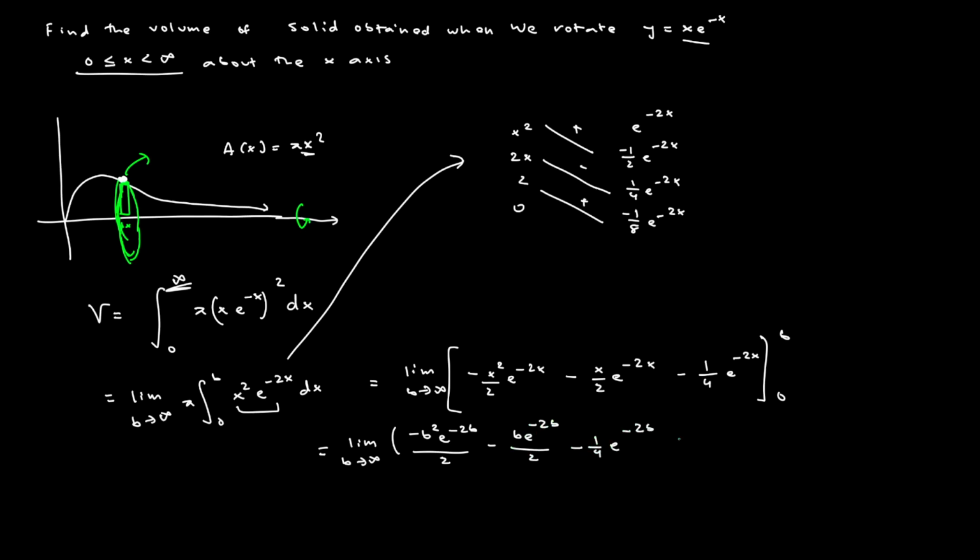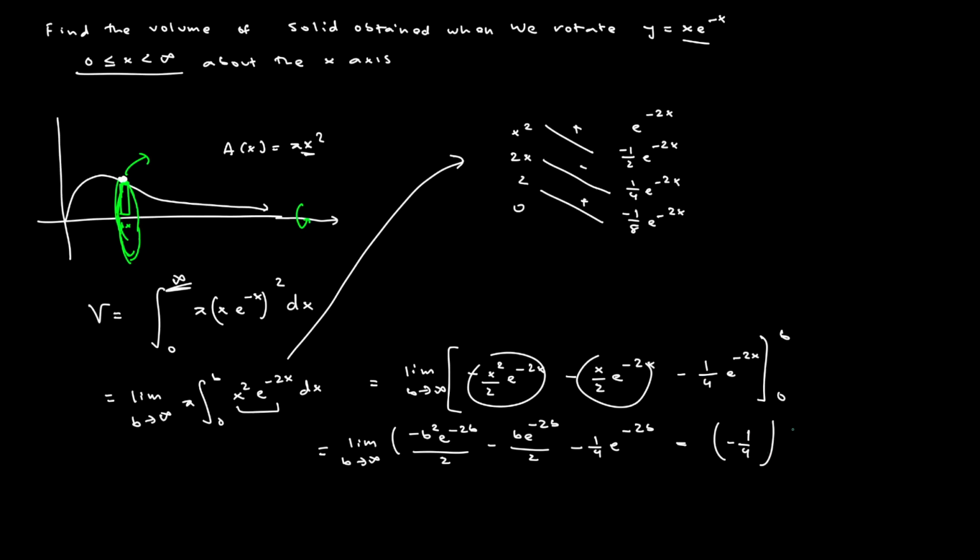And then we'll have a minus sign, and then this term will be 0 since we have x equals 0. This term will also be 0. This is the only non-zero term. e to the 0 is 1, and so this will just be minus 1/4.